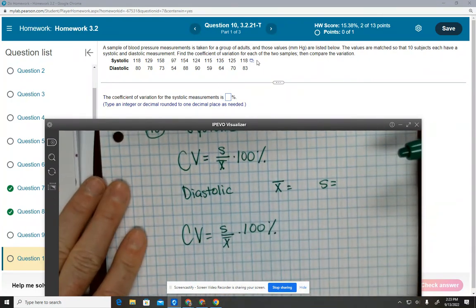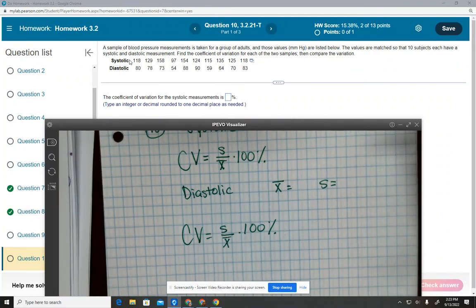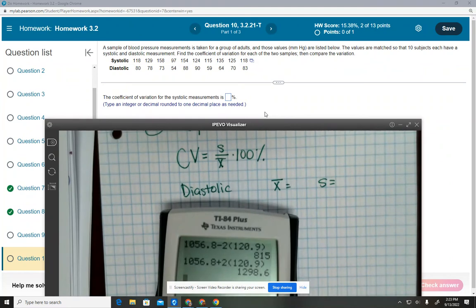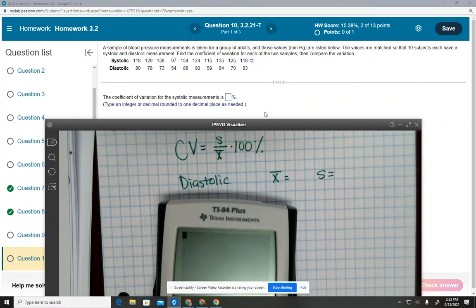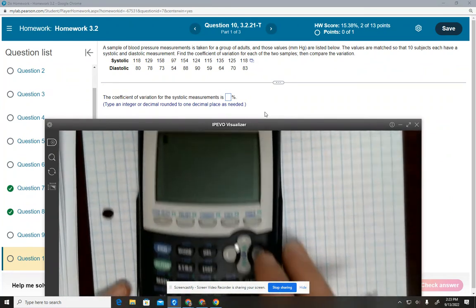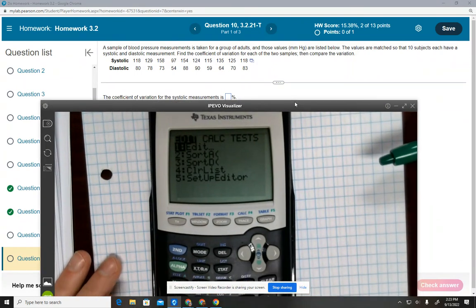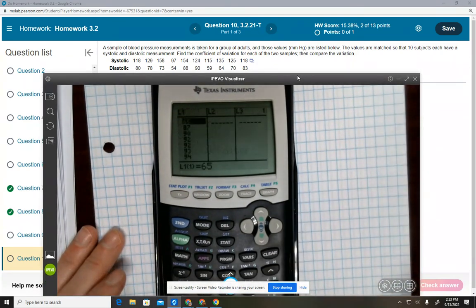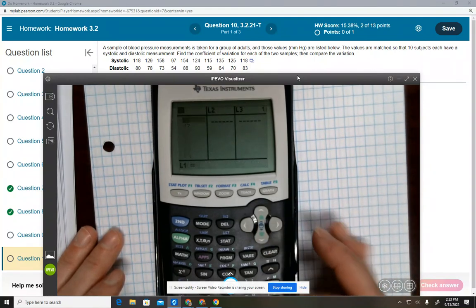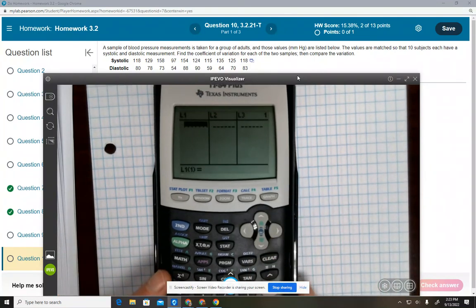So we're going to have to use this data. I showed y'all in the calculator how to do the data to find the mean and standard deviation. So let's go to stat. Let me move this up. Go to edit. I'm going to clear out what's in here. I'm going to put that in. So I'm going to put them in separately to get my mean and my standard deviation.